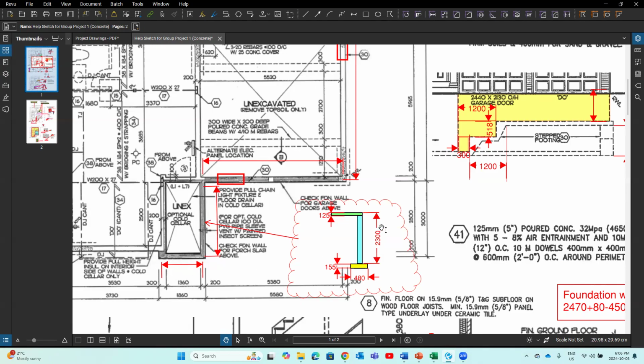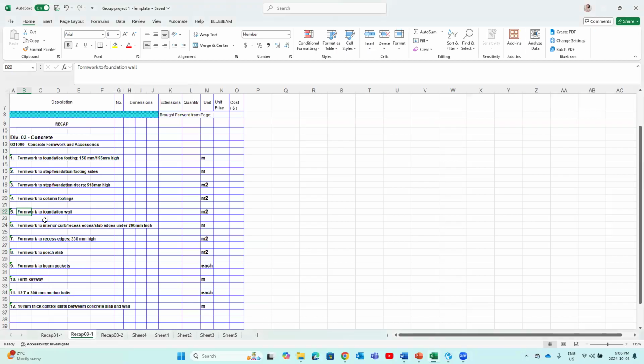Take the length, multiply by this height, multiply by 2, right? Get the area for the formwork. Volume, you take the length again, right? Multiply by the thickness, multiply by the height, you get the volume for this wall, right? Okay, that is how we look at formwork for foundation wall.